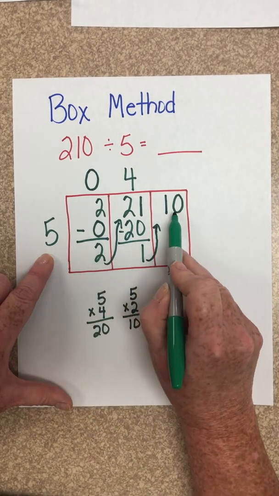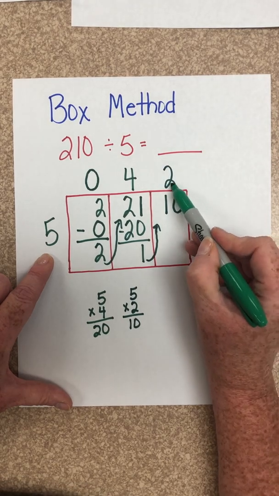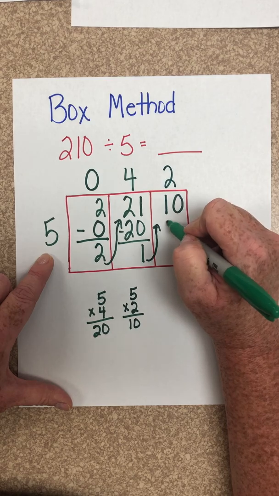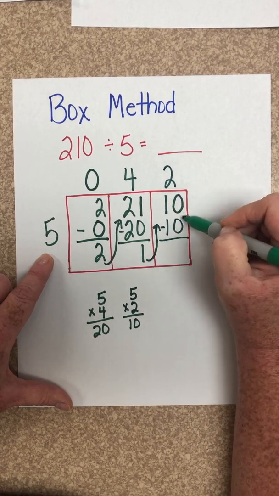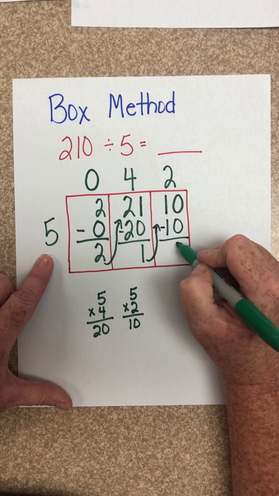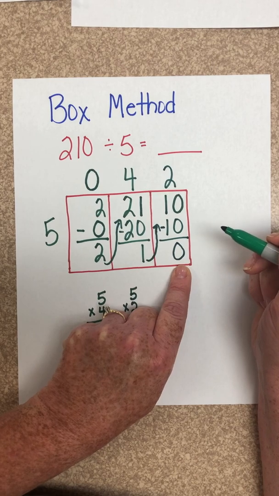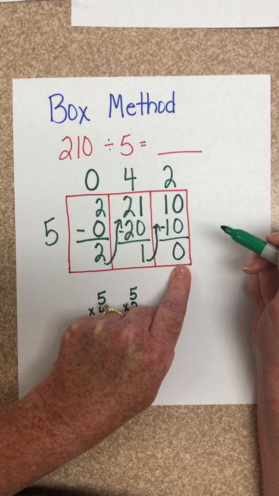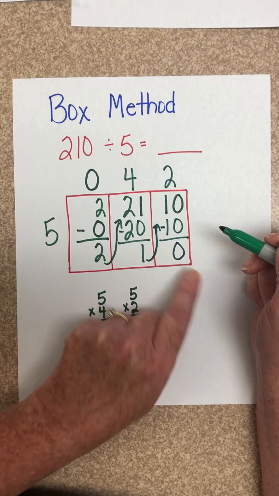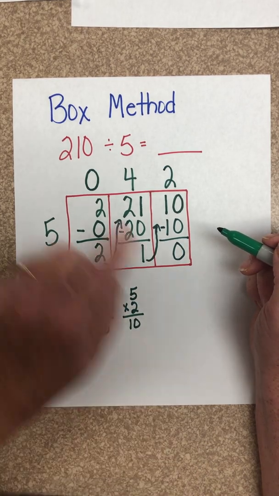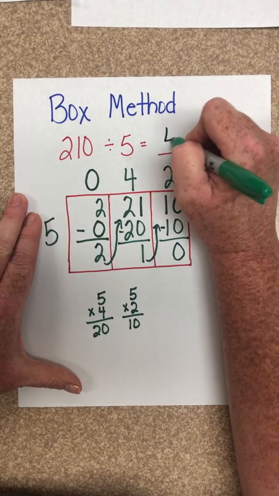So how many 5s are in 10? 2. Now multiply. 2 times 5 is 10. Let's subtract. 10 minus 10 is 0. Now this 0 tells us two things. It tells us we are finished with the problem and we do not have a remainder. So now let's look at the answer: 210 divided by 5 is 42.